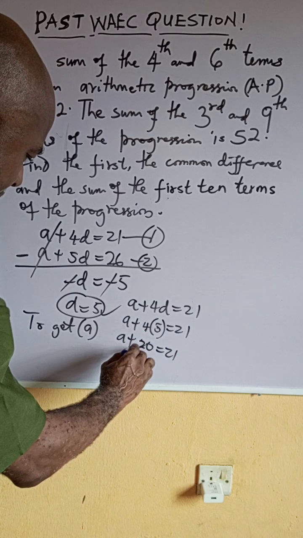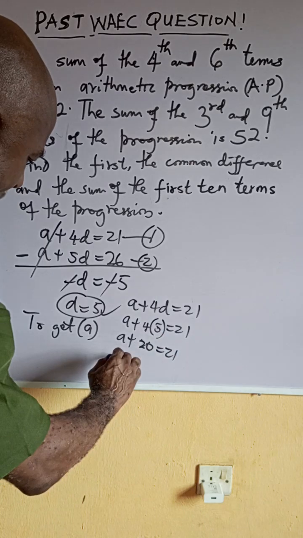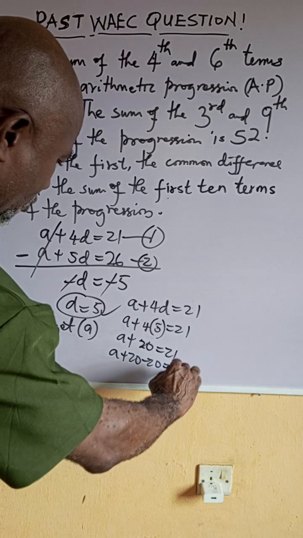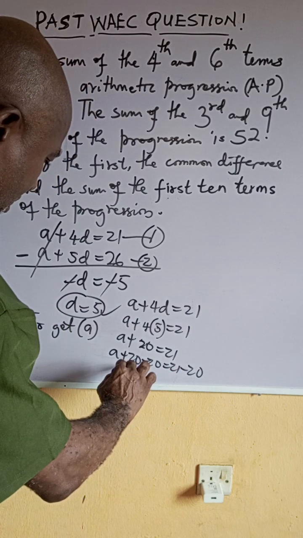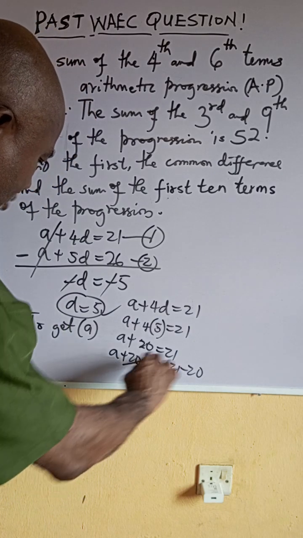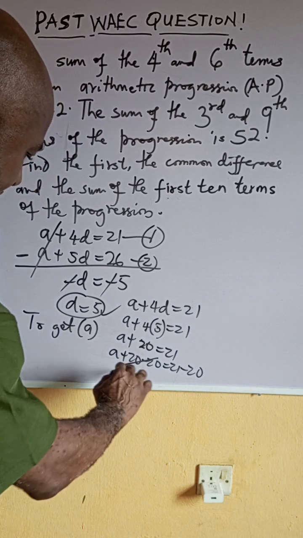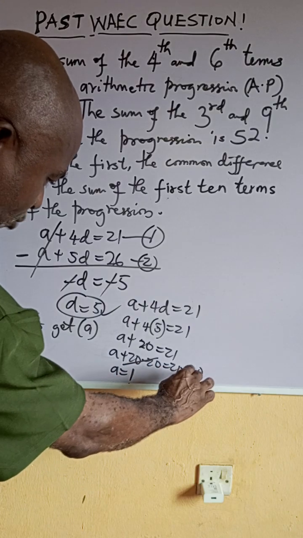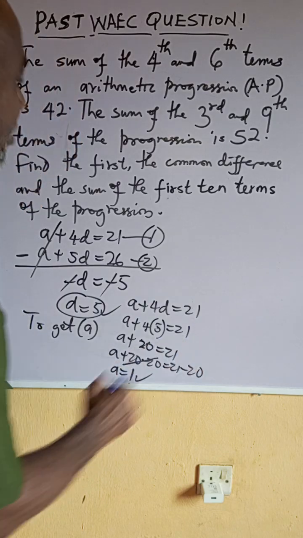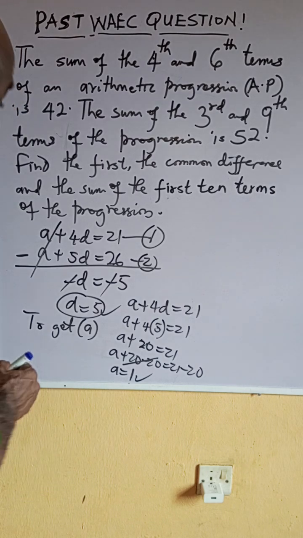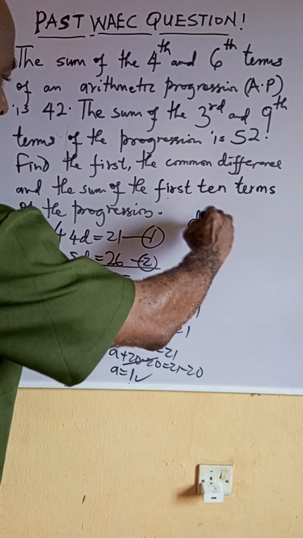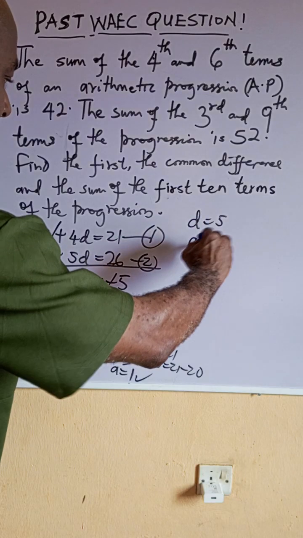If you take 20 away from both sides, we have A plus 20 minus 20 is equal to 21 minus 20. 20 cancels with minus 20. We have that A is equal to 1, because 21 minus 20 is 1. So we have succeeded in getting our common difference as 5, as well as our first term as 1.